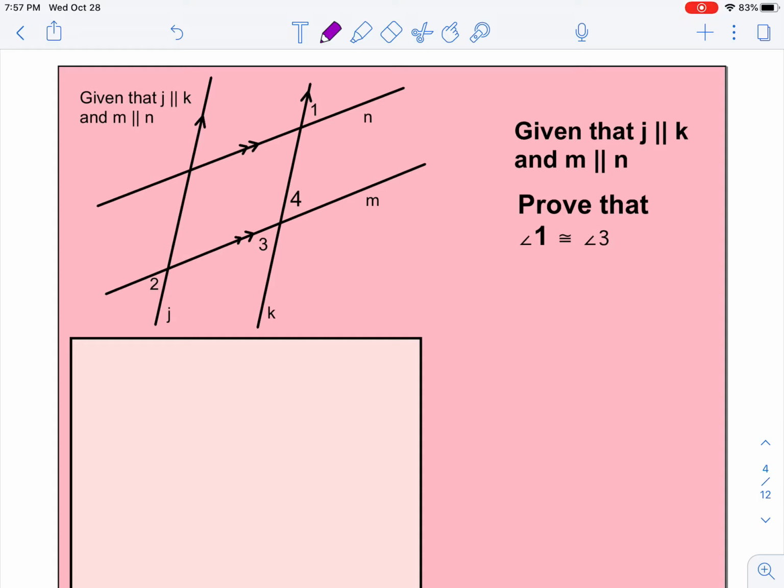So here's our first problem. It says given that J is parallel to K and M is parallel to N, we want to prove that angle 1 is congruent to angle 3. So I'm going to highlight what we want to prove. Now we already know because these two lines right here are parallel, the alternate exterior angles theorem already says that.